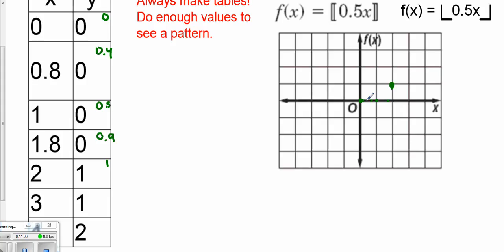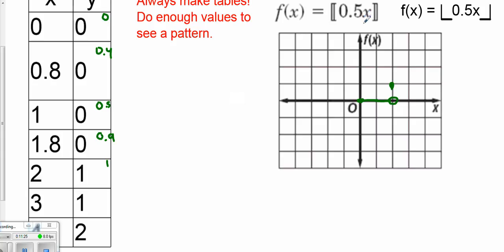All of these values would work. They would stay at this 0 right up until this spot, so it would be a nice big open circle. So from 0 all the way up until 2, all of those values will multiply by 0.5 and then round down and get 0. If we start with 2 times 0.5, we get 1.